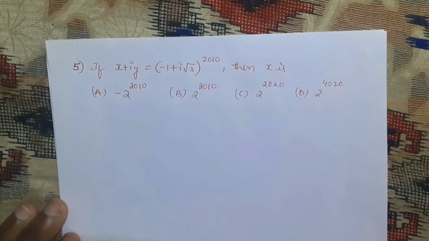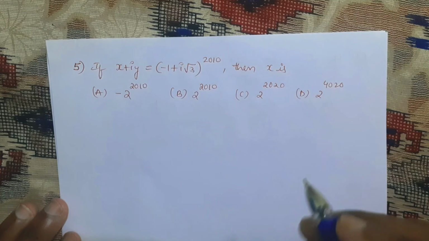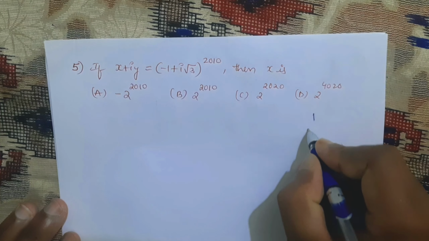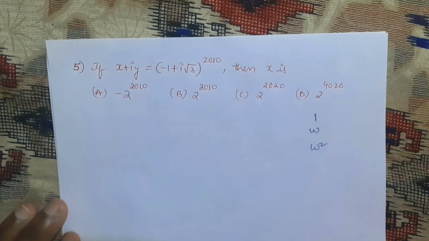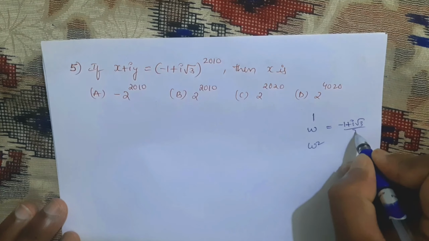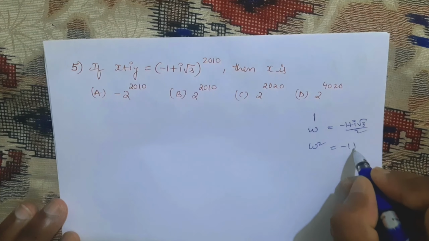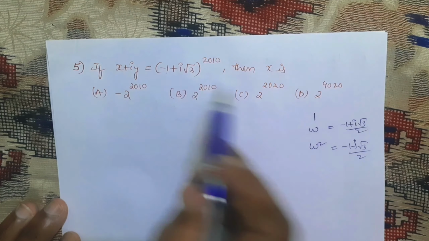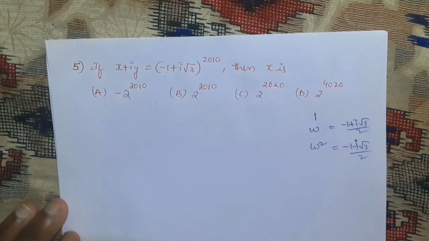This is one logic question. See, in yesterday's class we discussed cube roots of unity. Those are 1, omega and omega square. Omega is minus 1 plus i root 3 by 2. Omega square is minus 1 minus i root 3 by 2. If you observe, this is in that form, minus 1 plus i root 3.